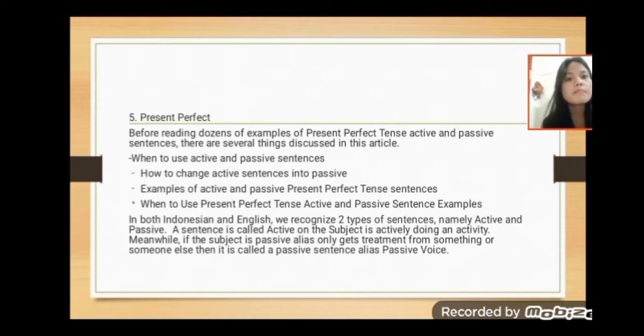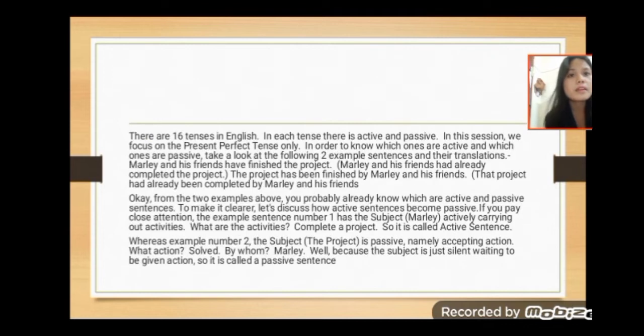Meanwhile, if the subject is passive, or only gets treatment from something or someone else, then it is called a passive sentence, alias passive voice. There are 16 tenses in English. In each tense there is active and passive. In this session, we focus on the present perfect tense only.